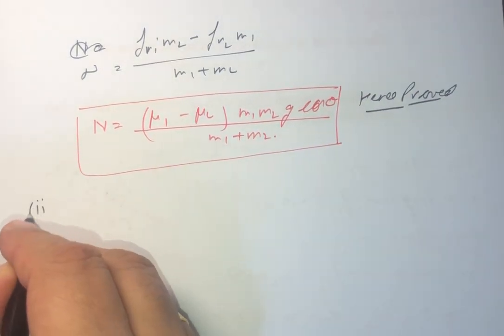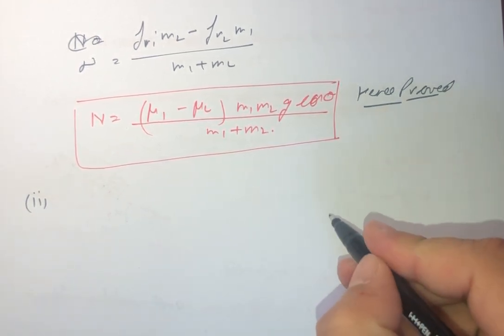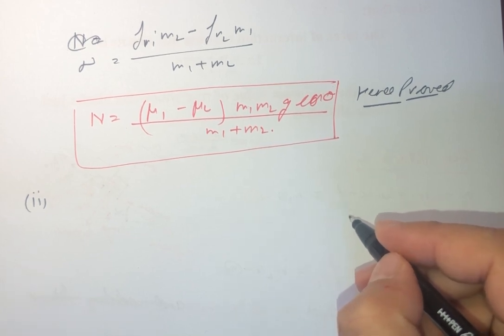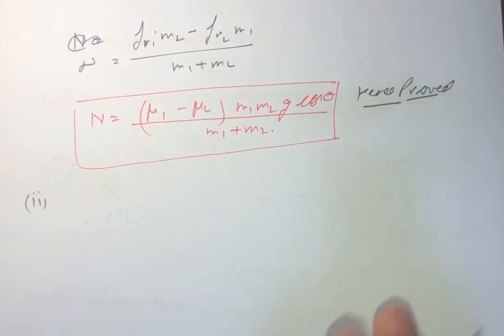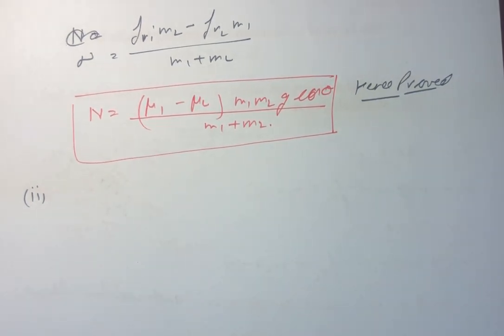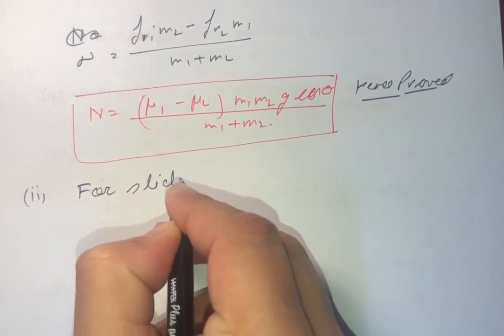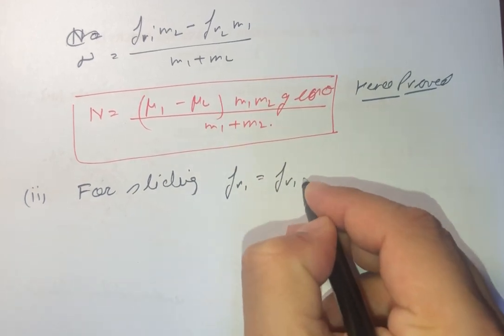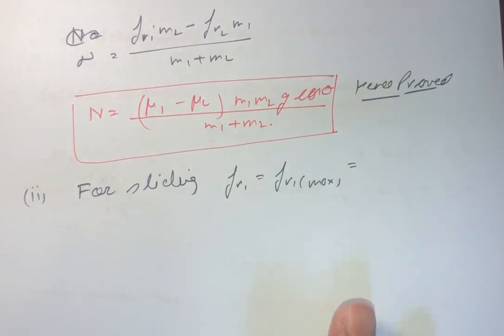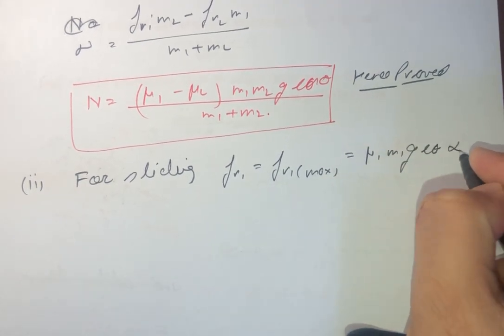For the second part, as both of the blocks will be sliding, for sliding fr1 will be equal to the maximum value of fr1, which is mu1 m1 g cos alpha.